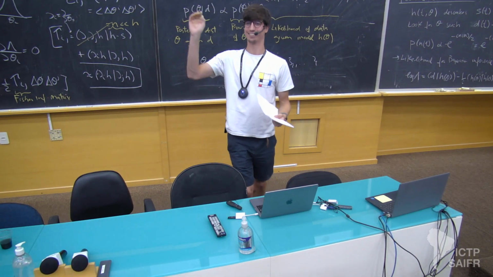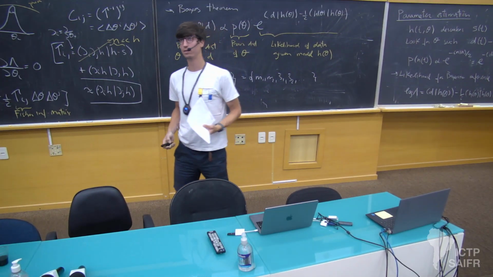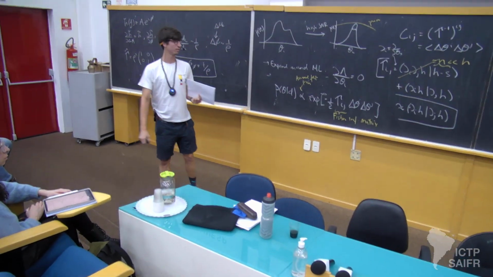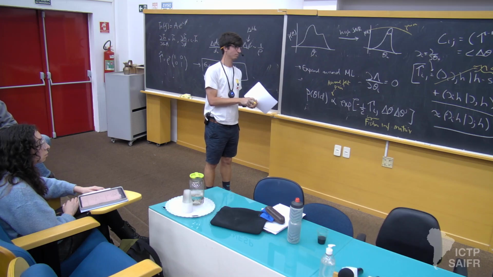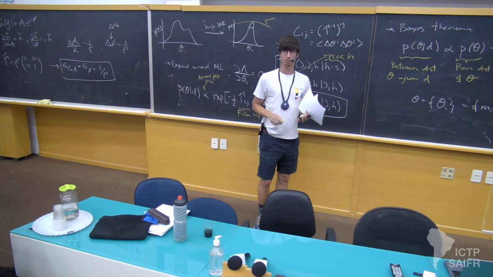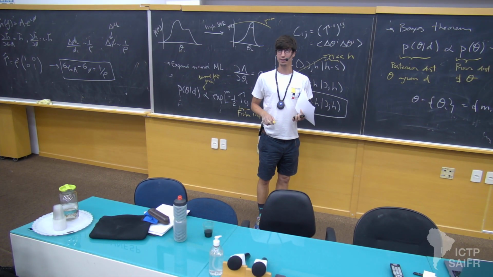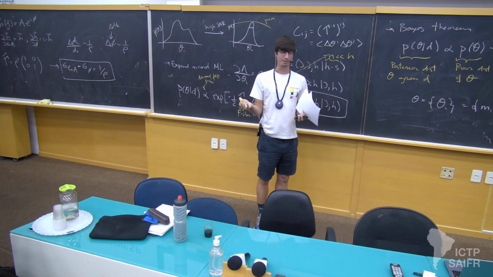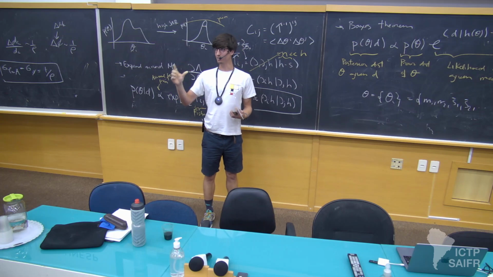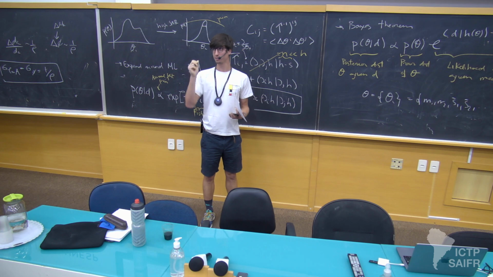Sorry, where? Yes. Yeah, so that depends on the regime you are in. For example, if you are in the regime of wave optics and your lens is described by a point lens, then you will have two extra parameters: the mass of the lens and the impact parameter.